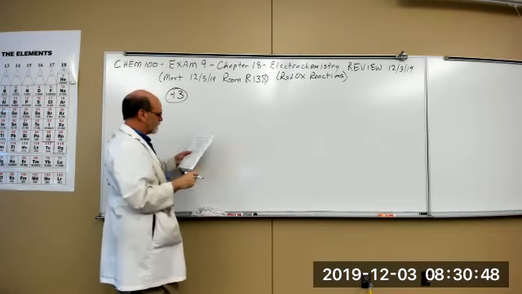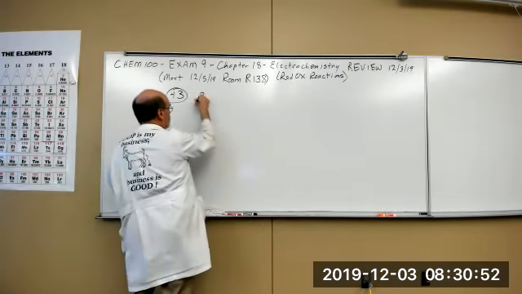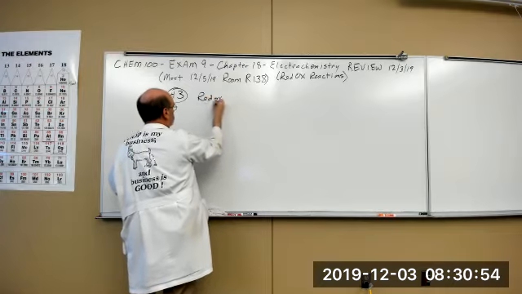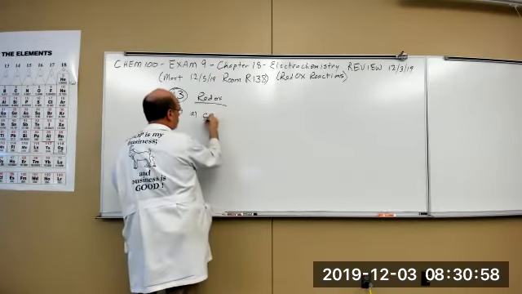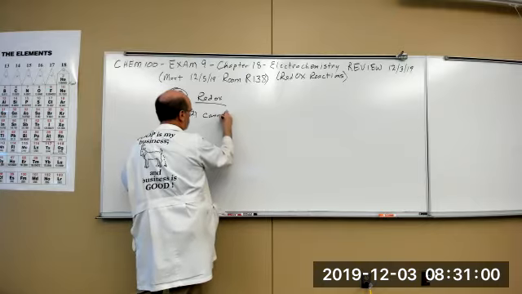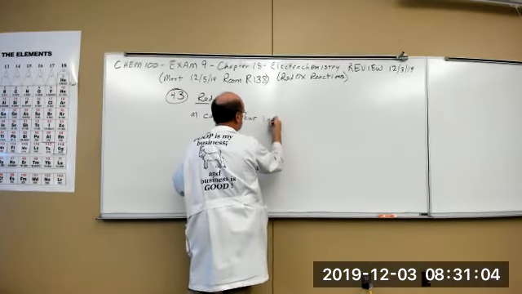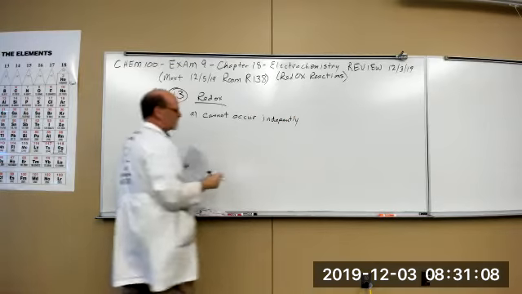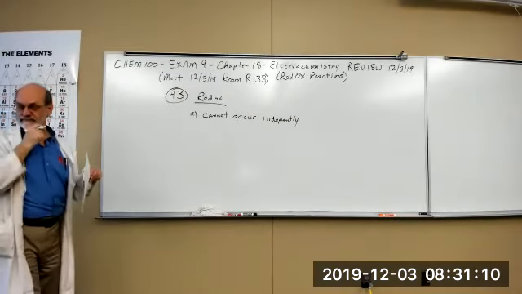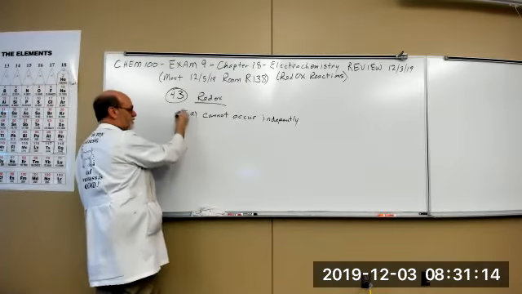Which of the following is true or are true about redox reactions? Okay. A, cannot occur independently. Is that true? That's true. Can't have one without the other. That one's true.